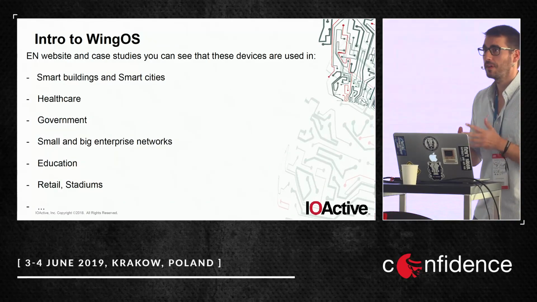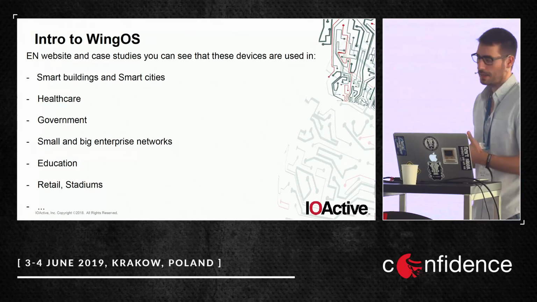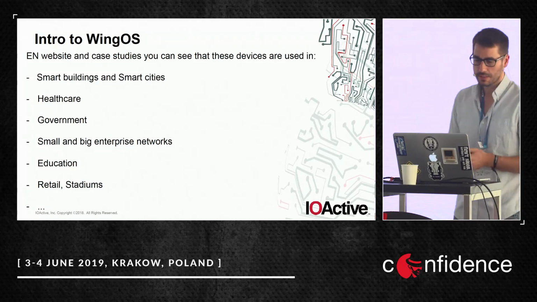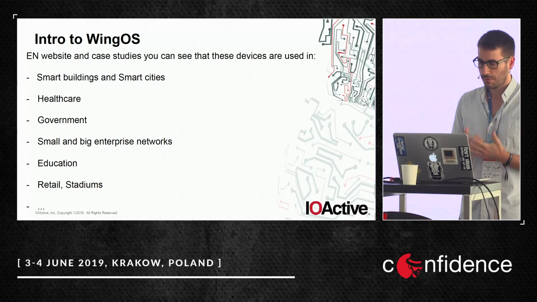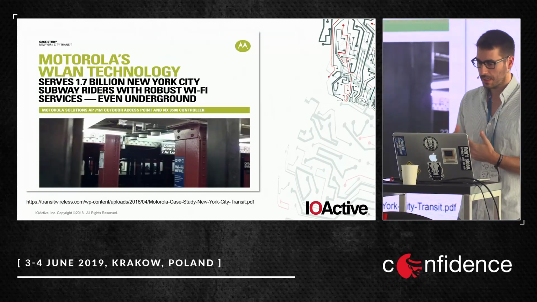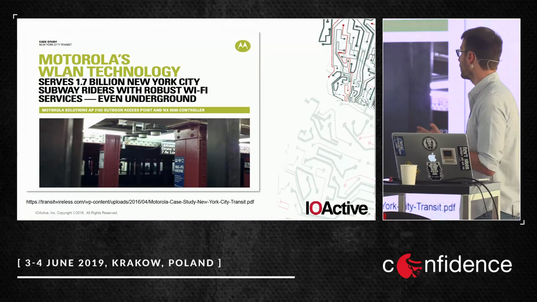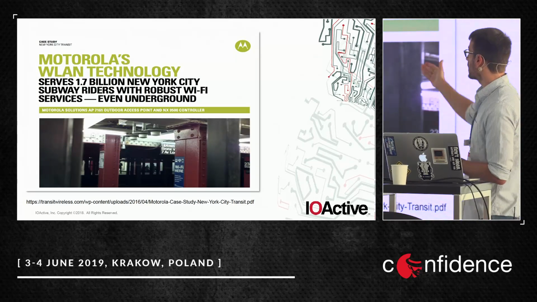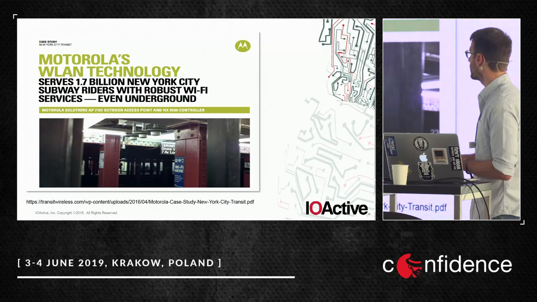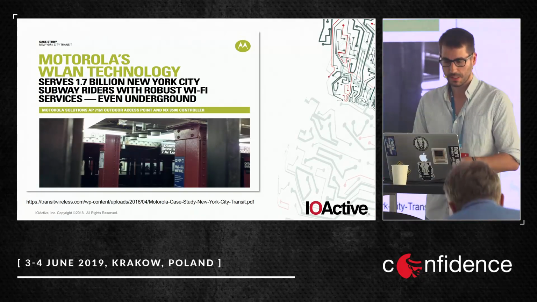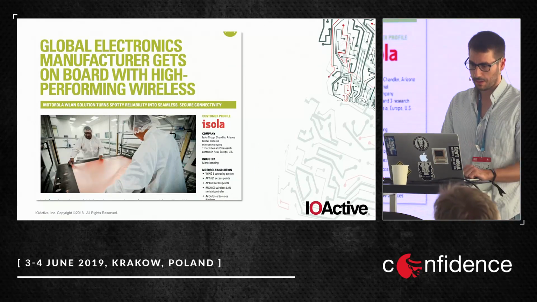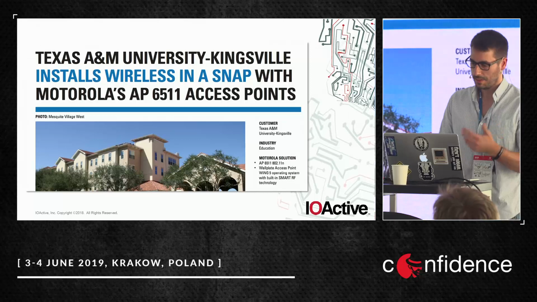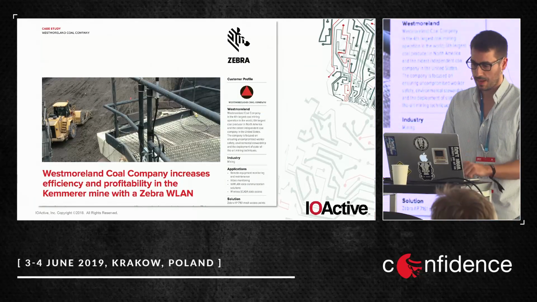Besides the aircraft, these devices are used in a lot of different places, like smart buildings, healthcare, government, universities, and many others. We can check this from public information on the internet, for instance, case studies from Motorola, where we can see that these access points are used in the New York City subway, in container ports, global electronics manufacturers, universities, even in mines.